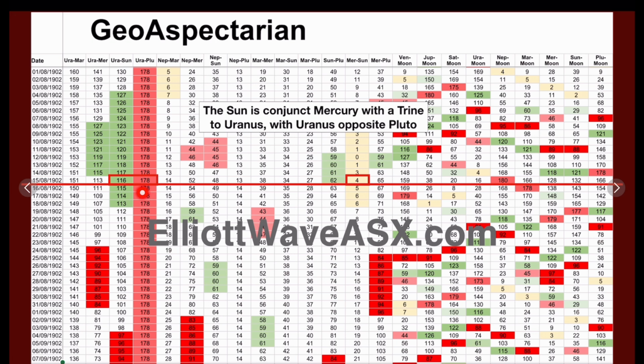And as you can see, there's a 4-degree orb on the trine and also a 4-degree orb on the conjunction, so that makes it balanced.